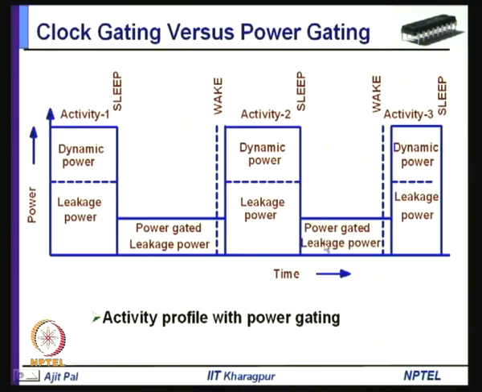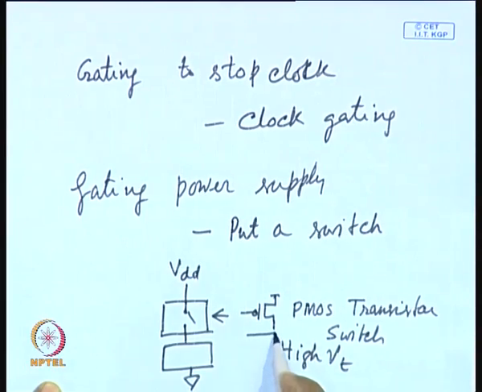You may be asking that when the supply voltage is isolated, why should there be leakage power dissipation? The reason is you are doing power gating using a MOS transistor switch, and a MOS transistor switch obviously will have some leakage current. It is not an ideal switch. That means, resistance is not infinite.